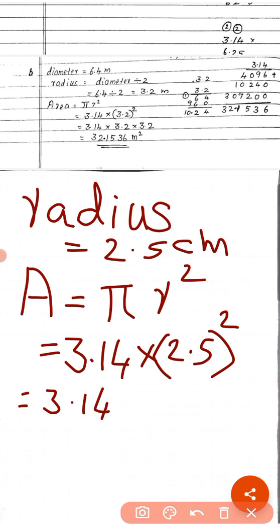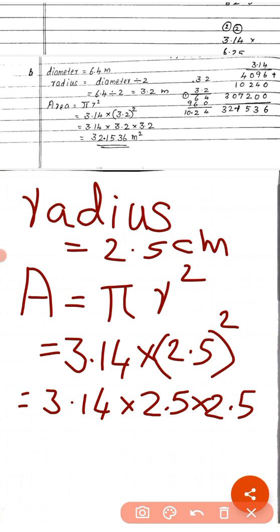3.14 into 2.5 the whole square means 2.5 into 2.5. Okay, this step is very important, children. 2.5 squared means 2.5 into 2.5.